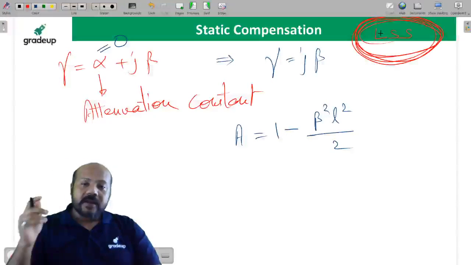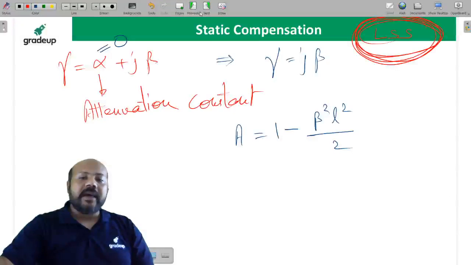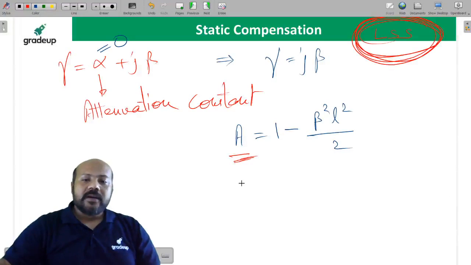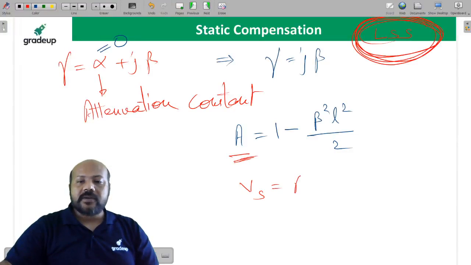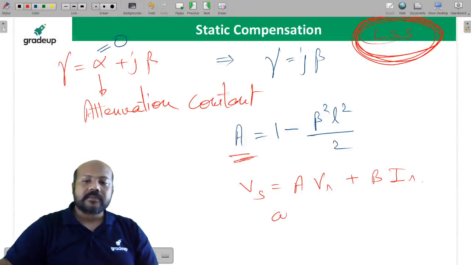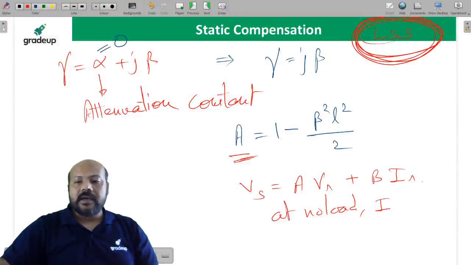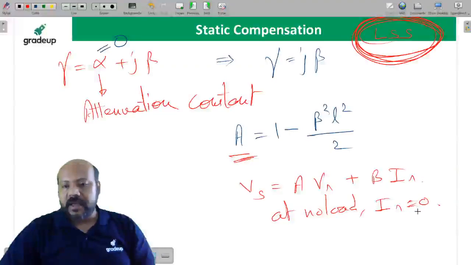Yes. Now see, what is A? Please try to understand what is A. You are saying Vs is equal to AVR plus BIR. At no load, IR is going to be 0. No load means the load current or the receiving end current is 0.